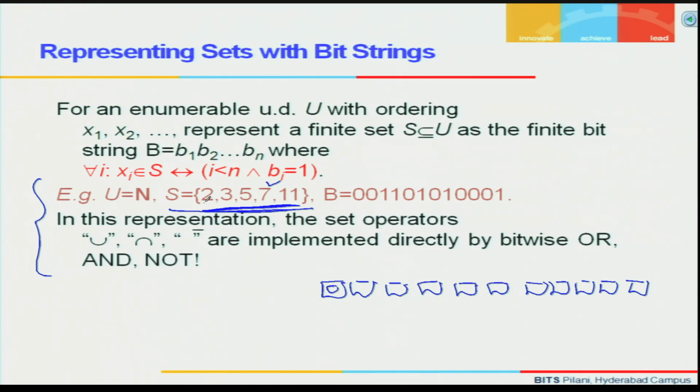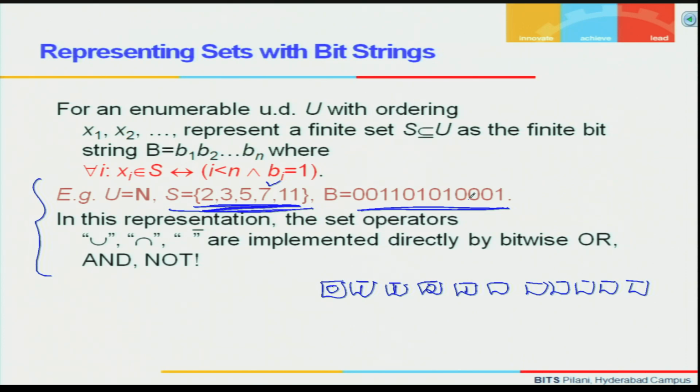The second natural number, 2, is there in this set, so put 1 over here. 3 is there, so put 1. 4 is not there, put 0. 5 is there, put 1. Like that, this set can be represented as a bit string, isn't it?